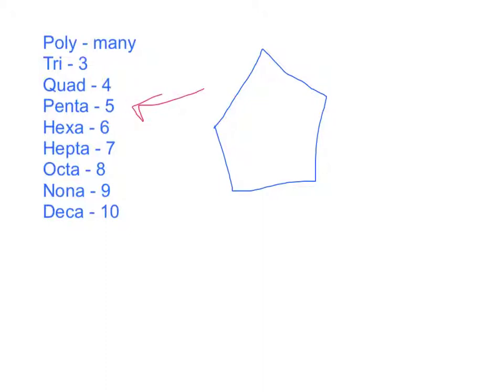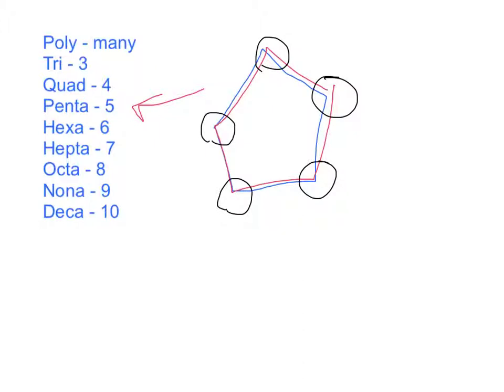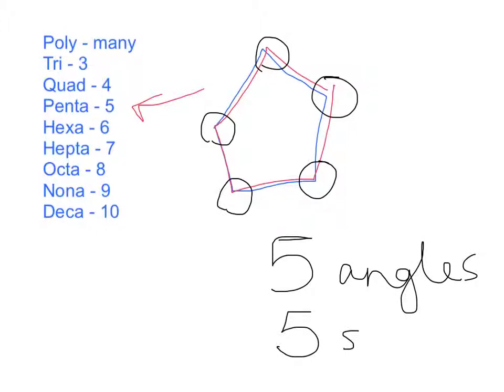Pentagon would mean a 5-sided shape. You'll also notice that the 5-sided shape has 1, 2, 3, 4, 5 angles. So the pentagon has 5 angles, and the pentagon has 5 sides.